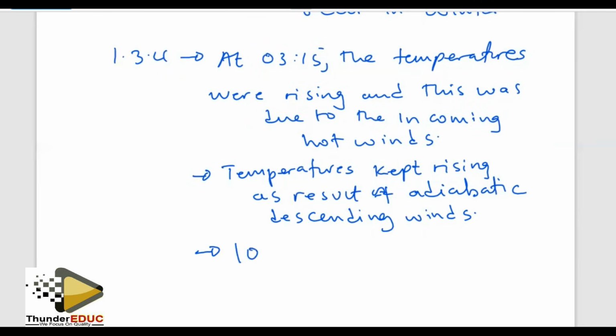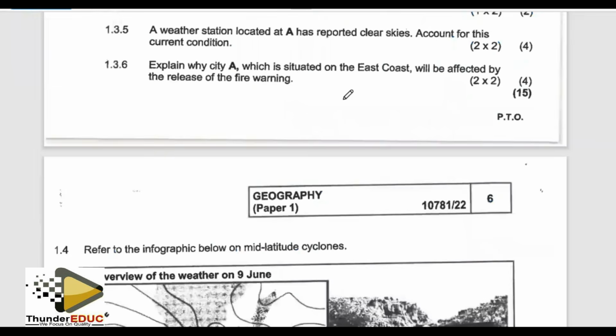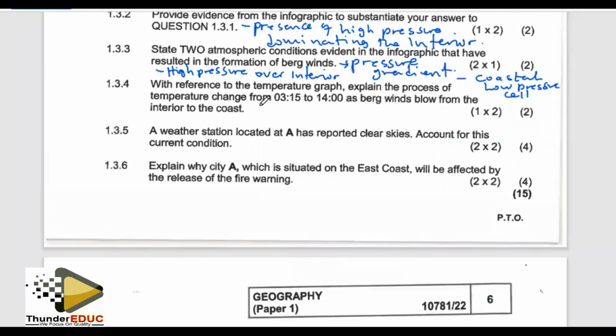So you could say from 10 a.m. to 14:00 there was a drop in the temperatures. All right, let's go back to our page. So that was question 1.3.4.